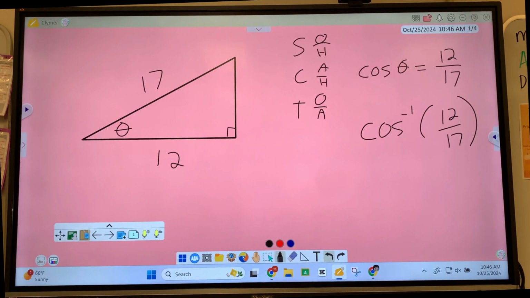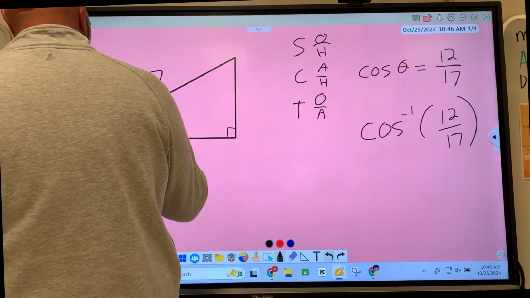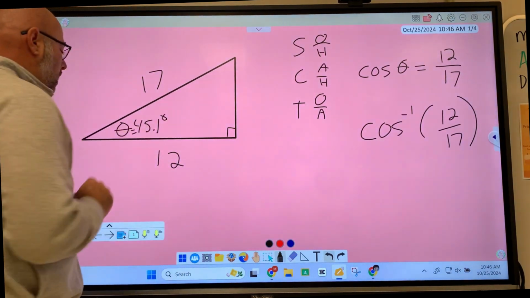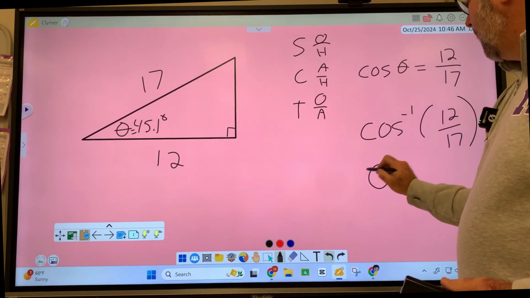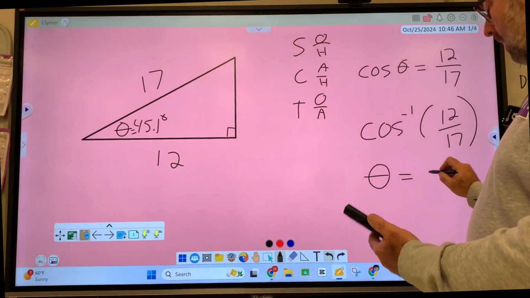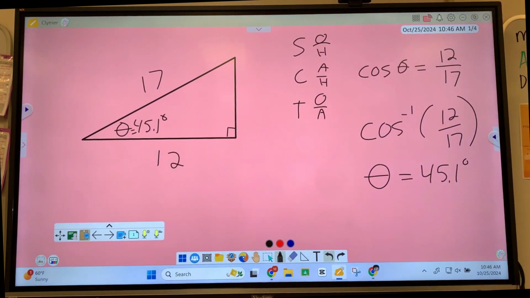So second cosine, 12 divided by 17 in parentheses, and you get 45.1 degrees. And that's really it.